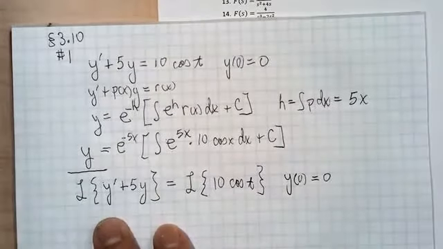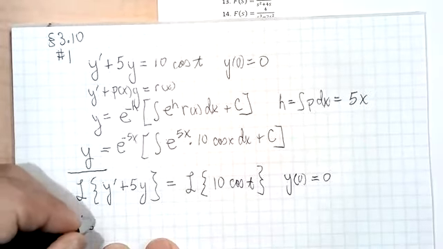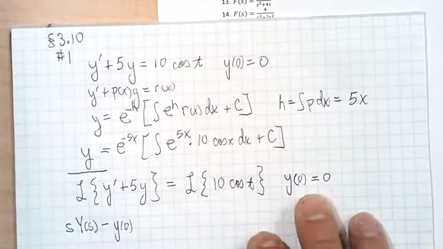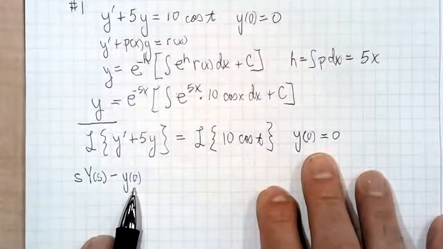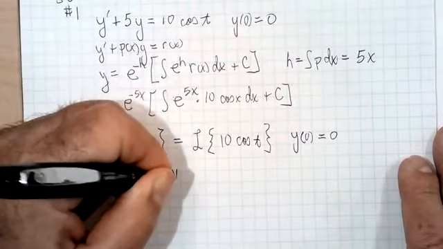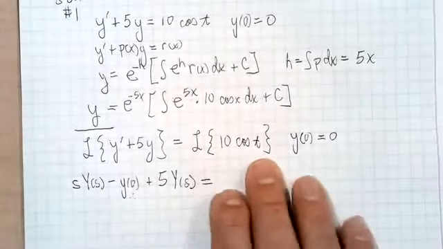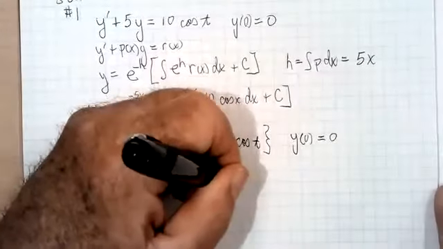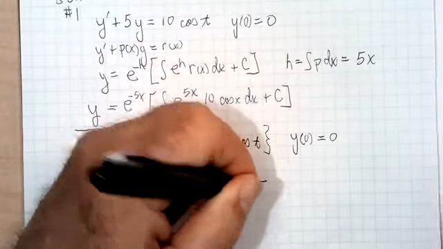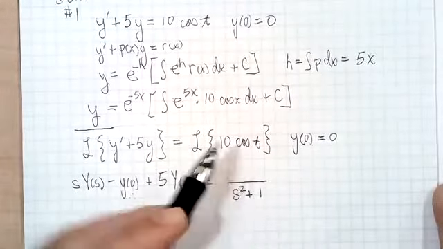All right, now transform of y prime is s cap Y of s minus y at 0. But y at 0, of course, is 0. So that term's going to drop out. Plus 5 cap Y. And then I want the transform of 10 cosine t. Well, cosine t has transform s over s squared plus 1. And cosine is even, so the transform is odd.